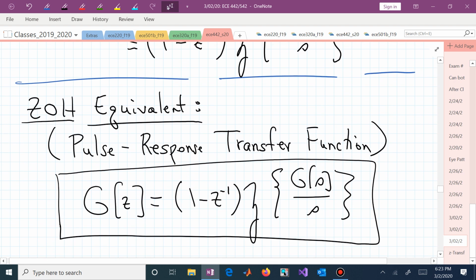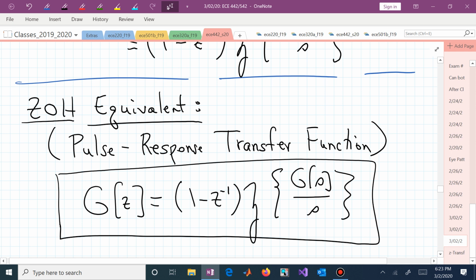So now if somebody says, give me the zero order hold equivalent, or they might, in a different source, a different textbook, a different reference material, they may call it the pulse response transfer function. That's this. You now need to Z transform G of S over S and multiply it by 1 minus Z to the minus 1.